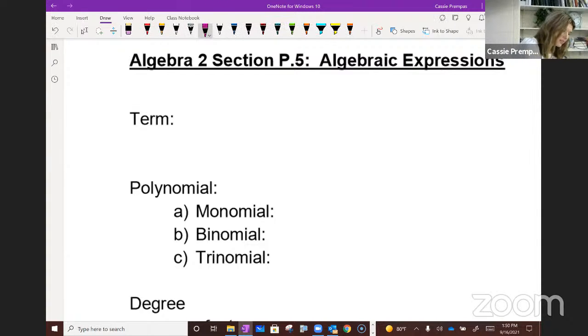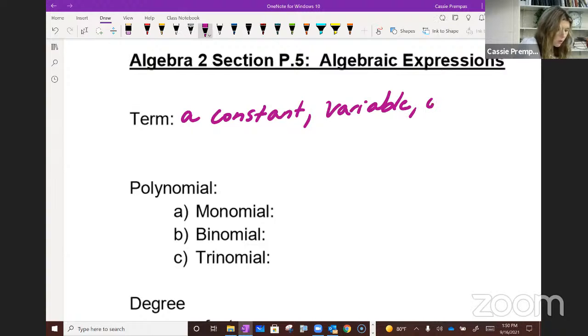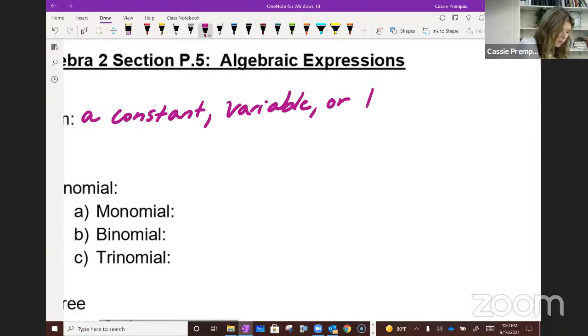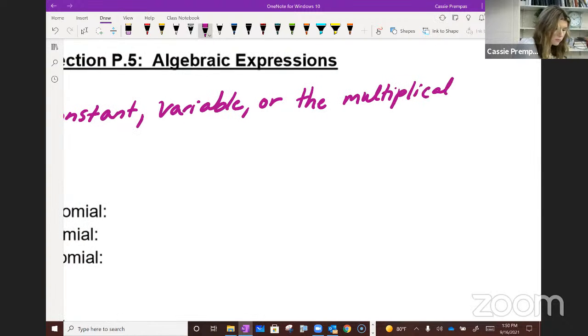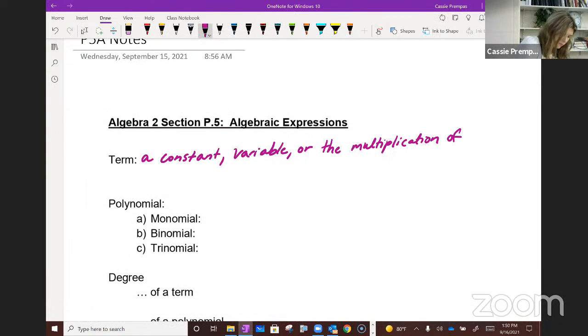It is a constant, variable, or the multiplication of constants and variables.